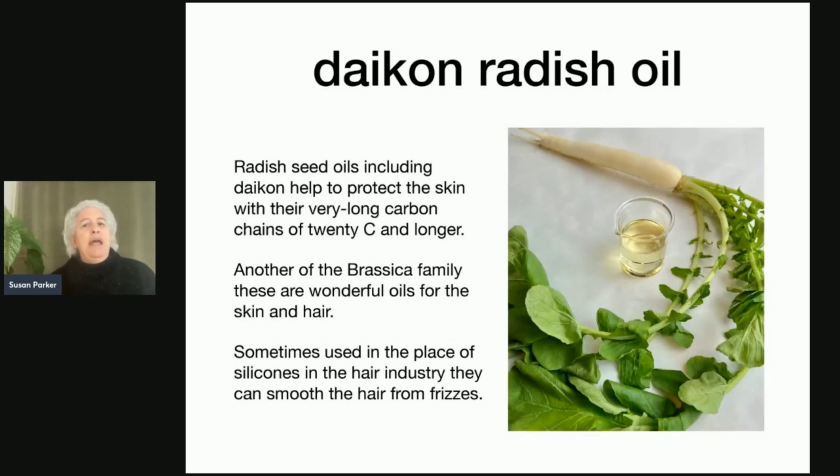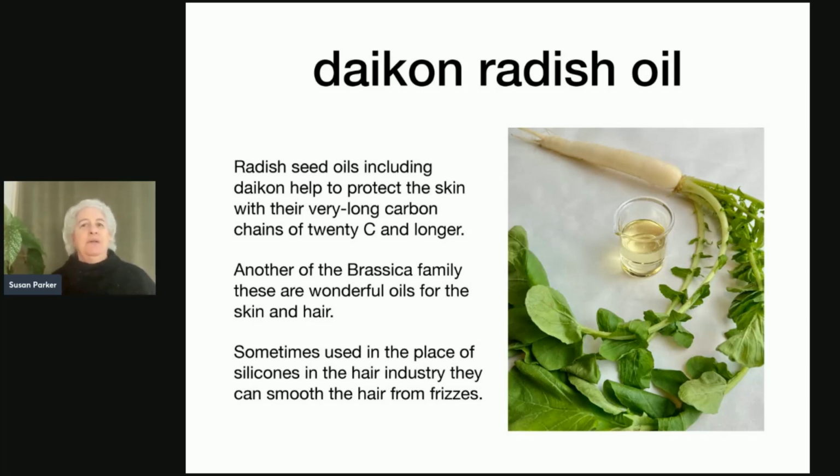And here, daikon radish oil. All radish oils are also members of the Brassica cabbage family, and just like Abyssinian, have very long carbon chains. We're talking about carbon chains that are 20 and generally 22, sometimes 24 carbons long.